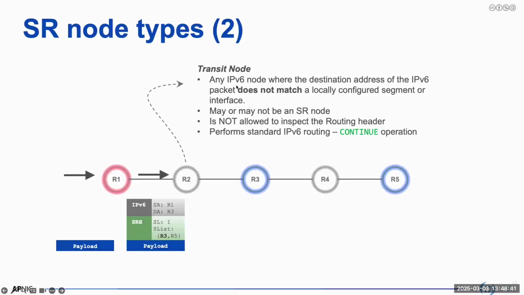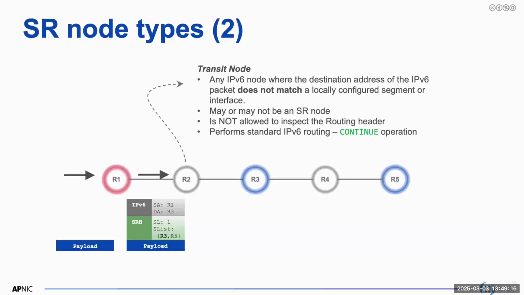It will not do any operation on the segment routing header. When it receives the IPv6 packet, it will just forward it as in normal routing. This could be your legacy device which does not support segment routing. So you can still use some old devices which support IPv6, and you are able to enable segment routing even with them in your network. It just needs to do the continue operation.